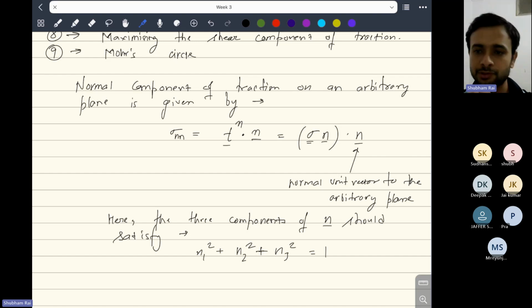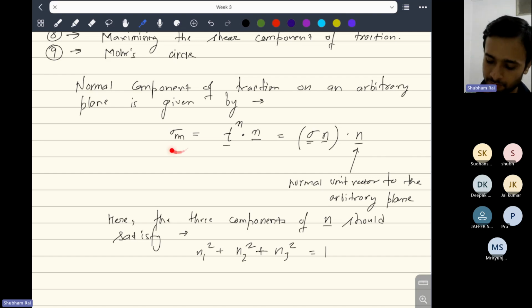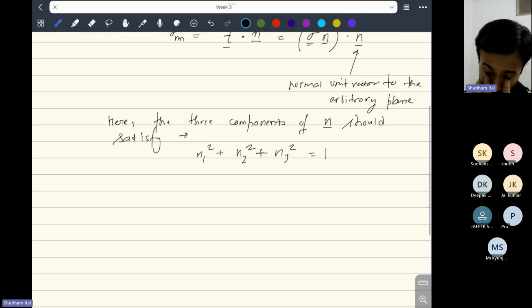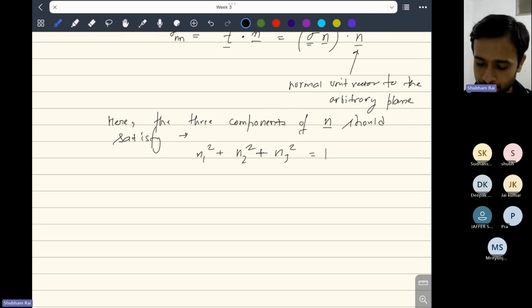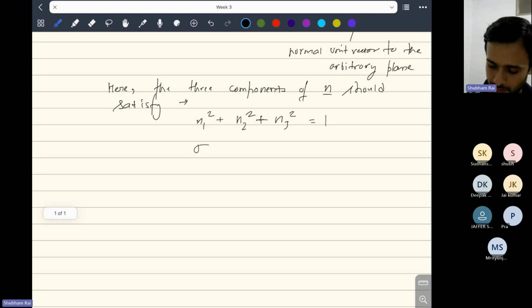So in the lecture, sir had used the Lagrange multiplier approach. It was based on maximizing this sigma nn subject to this constraint, which is introduced using a multiplier known as the Lagrange multiplier. If you use the Lagrange multiplier approach and perform the maximization, you will reach the equation sigma n is equal to lambda n. You see that this is the eigenvalue problem.